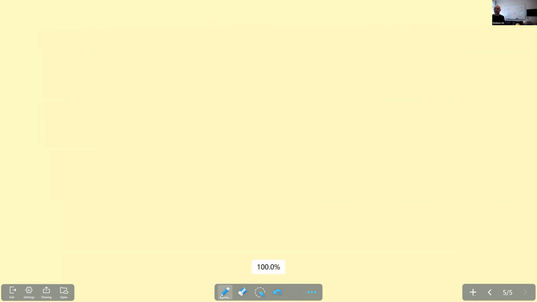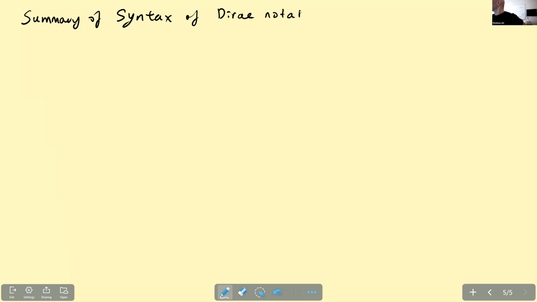Right. So let me give you a small summary of the syntax of Dirac notations. So a state is very simple. It's |ψ⟩ or the summation of c_m|m⟩, so on and so forth.